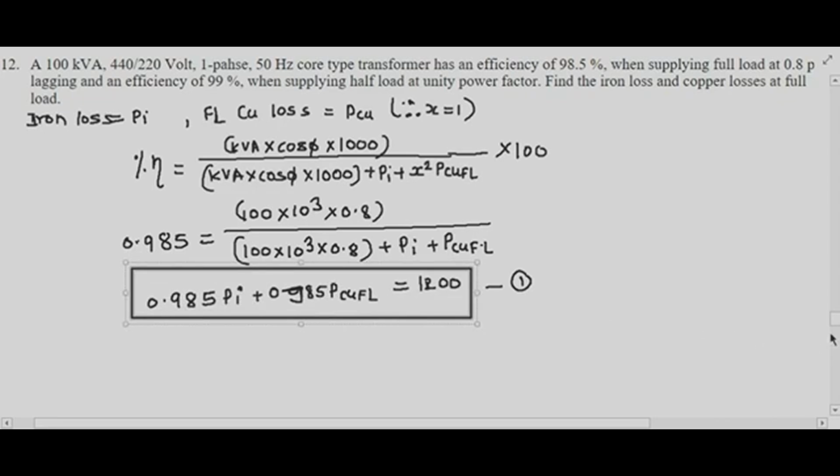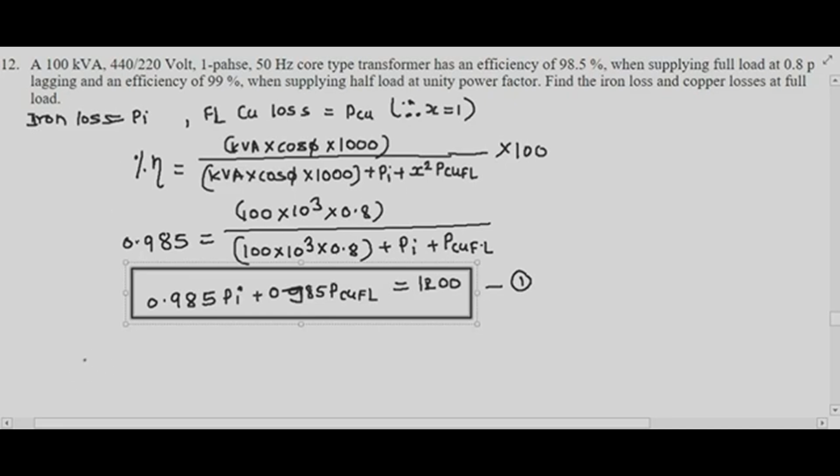Now the output of the transformer at half load. The second is given an efficiency of 99% when supplying half load. When the transformer is supplying the half load, the kVA at the half load is directly half of the full load kVA. So what is the kVA at the full load? 100 kVA. So what is the kVA at the half load? It is half of full load kVA.